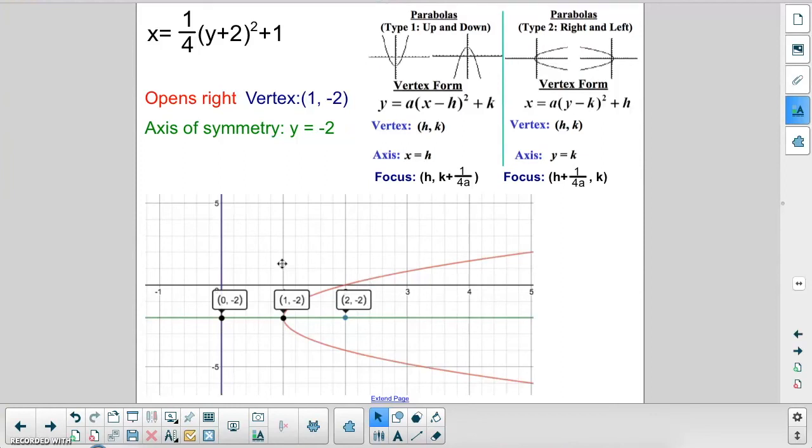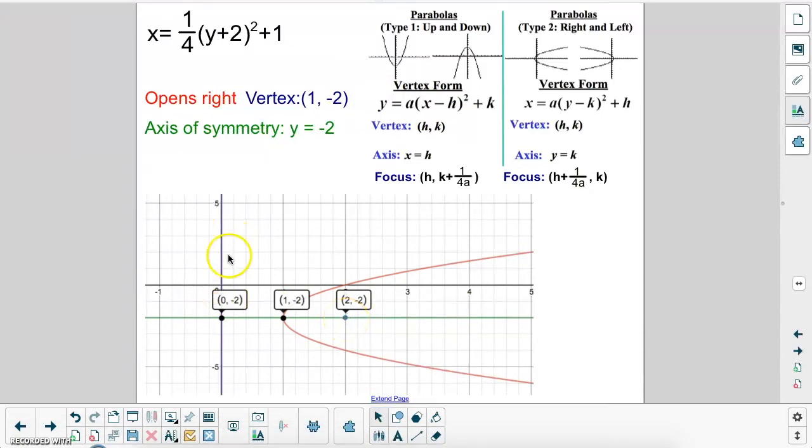So our a value is 1/4. If we have 1 over 4 times 1/4, 4 times 1/4 is 1. So 1 over 1 is 1, plus our h value of 1 gives us an x value of our focus of 2. K stays the same as the vertex because it's along that horizontal axis of symmetry. And so (2, -2) is our focus.